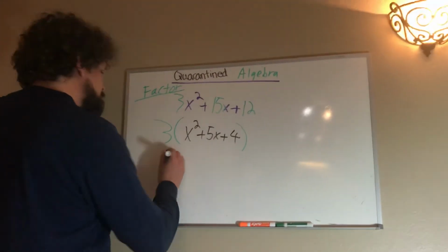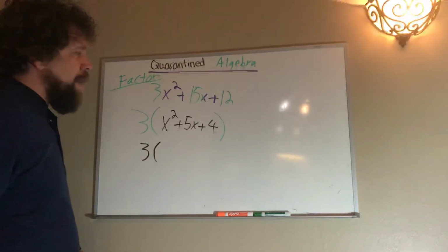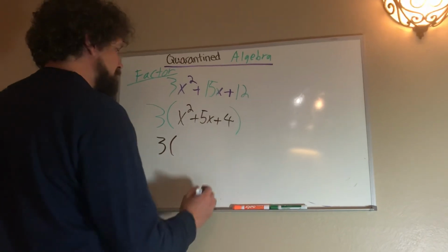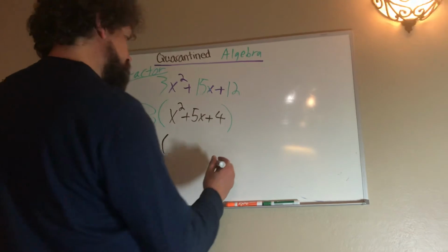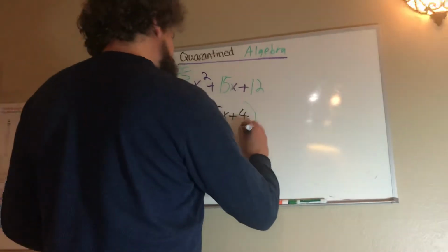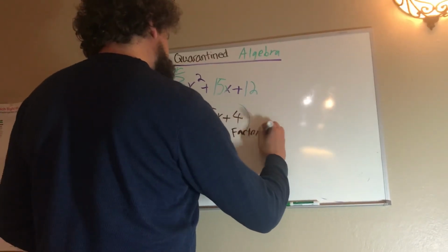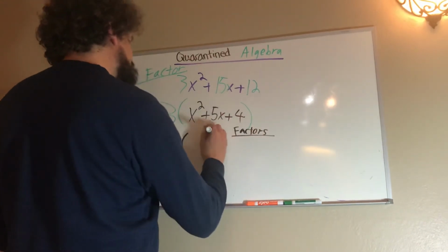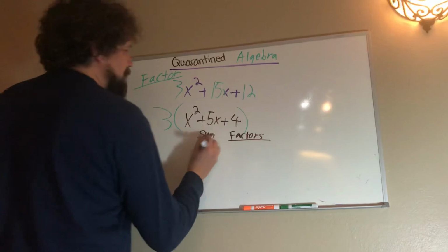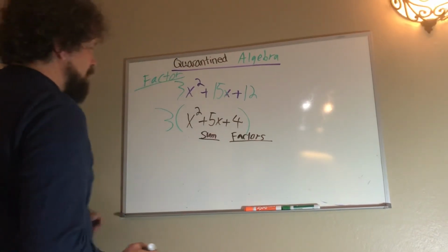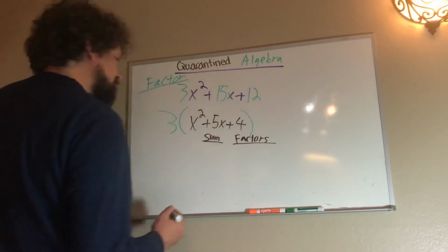All right. I'm going to keep that 3. All right. And right here, let's see. I'm going to put my factors and my sum. All right. On the other one that looked like this, I did the box method, so I didn't write it out like this.